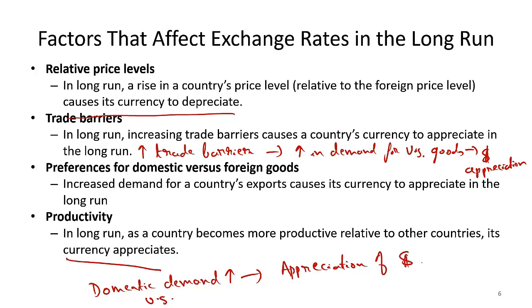That means the value of the dollar is going to increase. And mind you, when the value of the dollar increases, the other currency, in this case the British pound, has to depreciate. So anything that increases the demand for domestic goods leads to appreciation of the domestic currency according to the purchasing power parity theory.